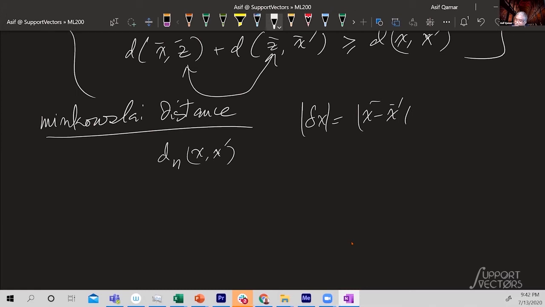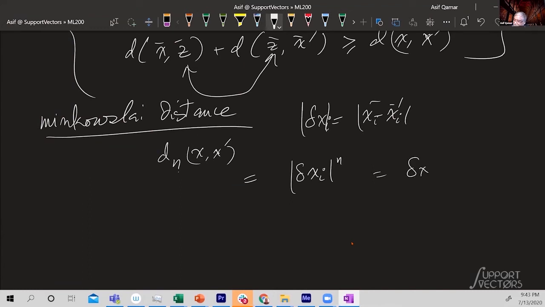So by definition, the Minkowski norm of order n, with n from 1 to infinity, is defined component-wise: delta x_i, the ith component, to the power n, summed over all of them.